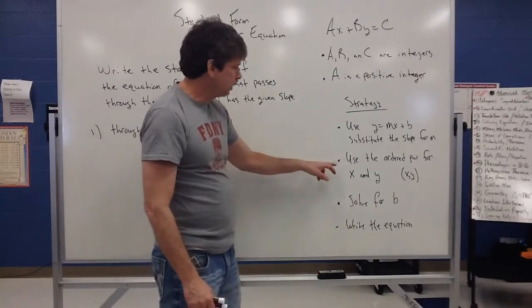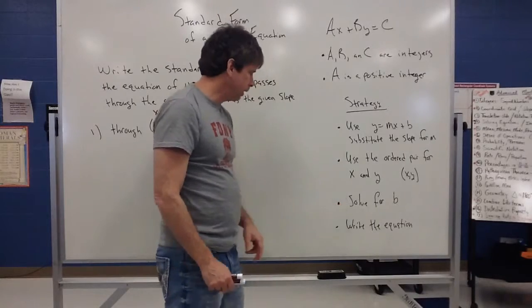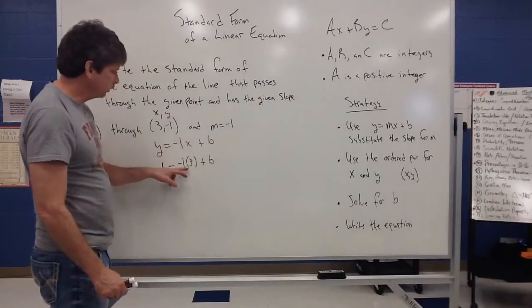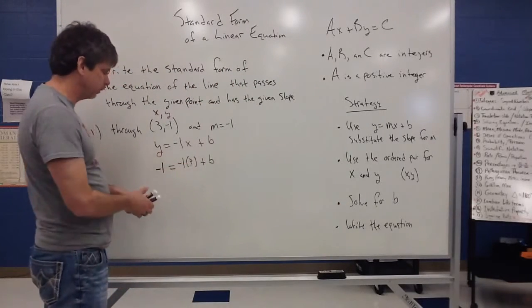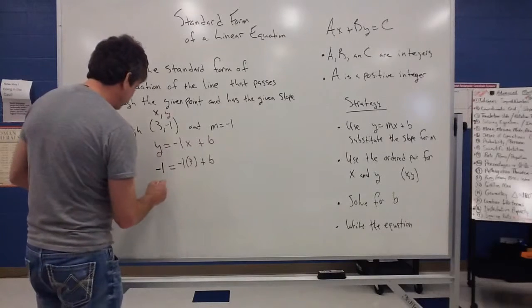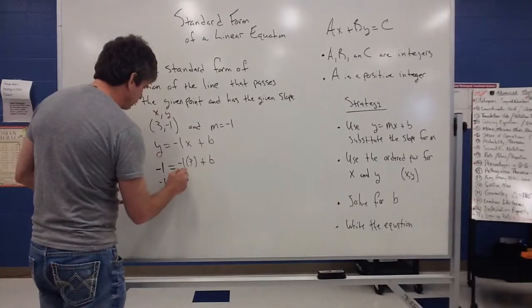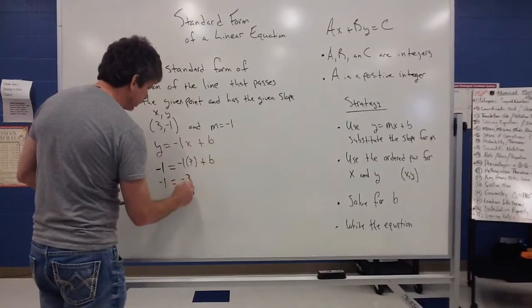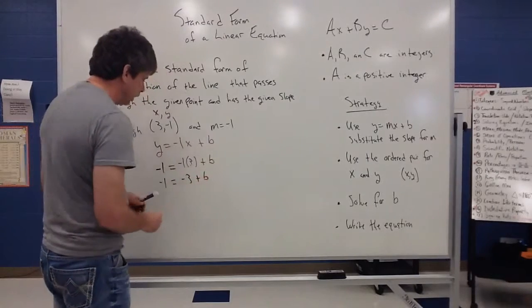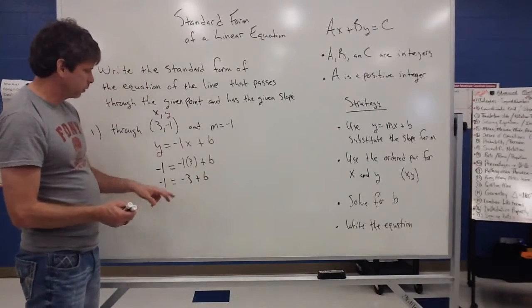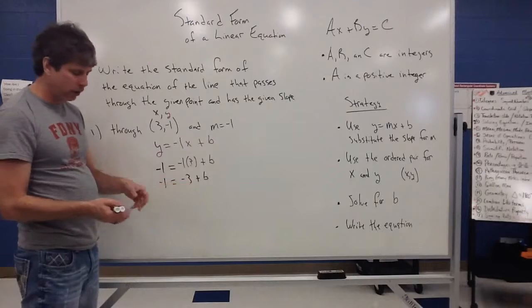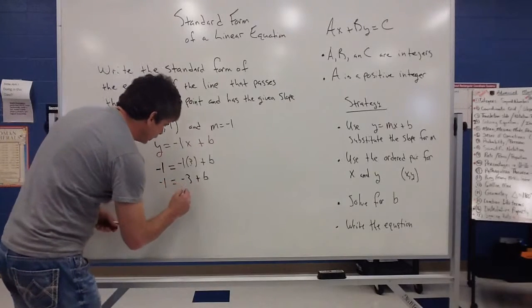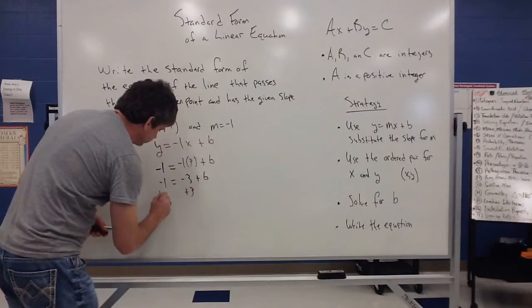So what I can do now is solve for b. To solve for b, we still have to simplify this -1 times 3. So I'm going to have -1 equals -3 plus b. And again, to get b by itself, remember we can just use the zero pair to get that out of the way. So I can add a 3 to both sides.